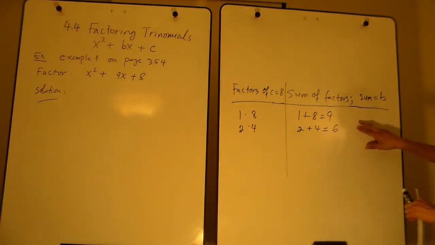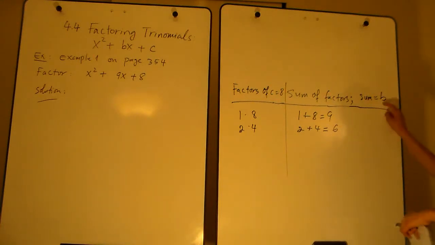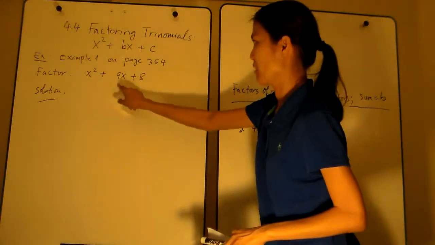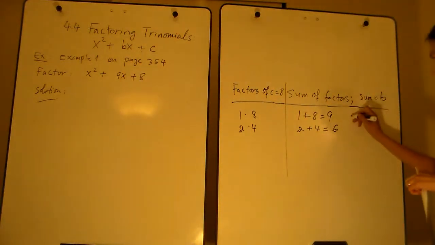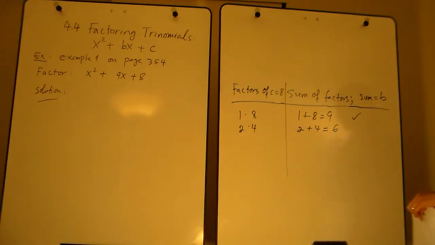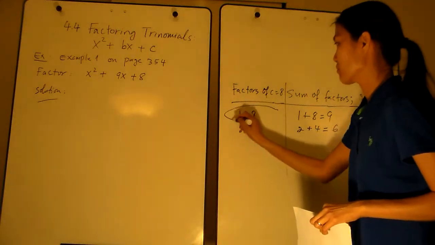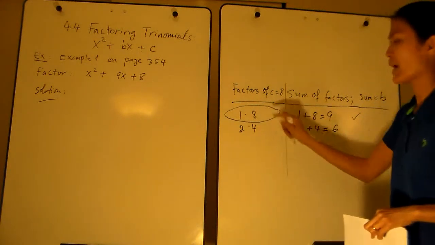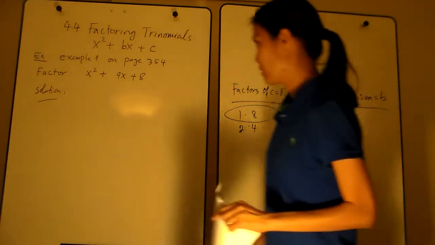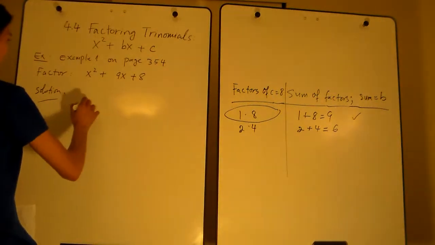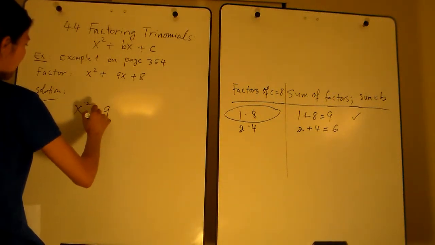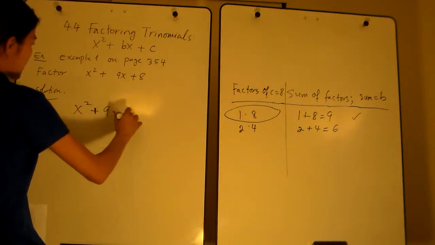So which one adds up so that you would get b? B is here, right? This one, right? The first one, 1 plus 8 is 9. So that means this is the factor pair, okay? 1 and 8 is the correct pair. So this is how you would write x squared plus 9x plus 8.